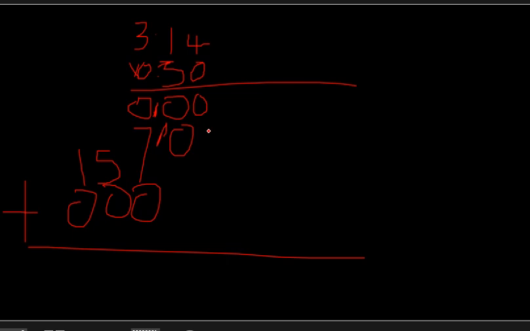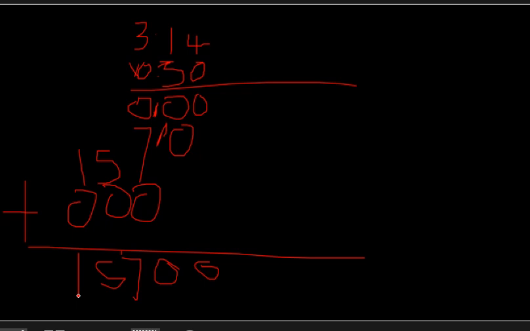Now, the question is, how do you know the place where to put your decimal point? Okay, how do we know that this is where we're supposed to put our decimal point and this is not? So we count the number of decimal digits here. 1, 2, 3, 4.